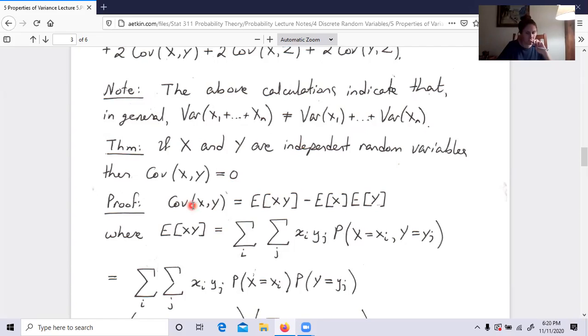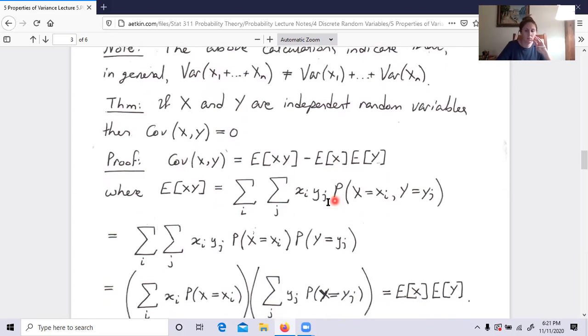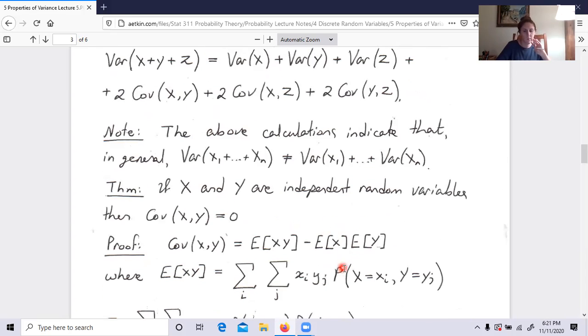By pure calculation, covariance of x and y is the expected value of x times y minus the product of the expected values, yes? Now, what is the expected value of x times y? It's every possible x against every possible y, right? It's xi times yj, and I sum over the probability that x equals xi and y equals yj.